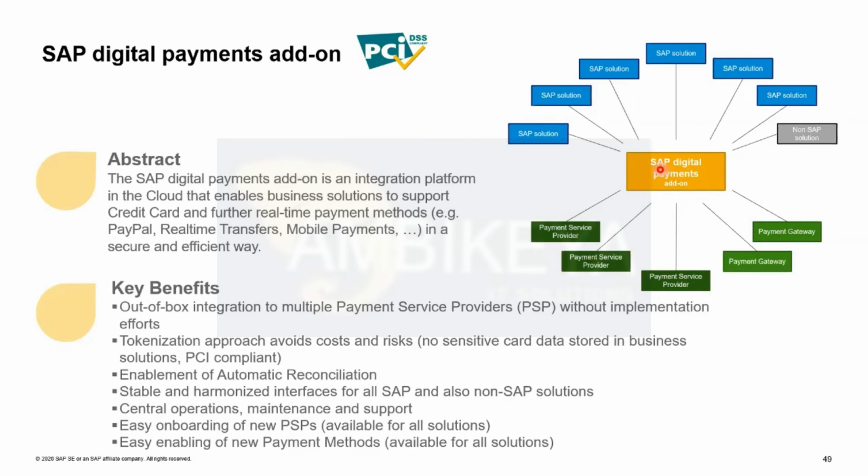You do not have separate integrations anymore. You only need to integrate to the SAP digital payment add-on. It is a tokenized solution. Then you have the reconciliation automated. It happens only within those applications, the SAP digital payment add-on and the SAP solution. It's easier to onboard. So those are the main advantages.